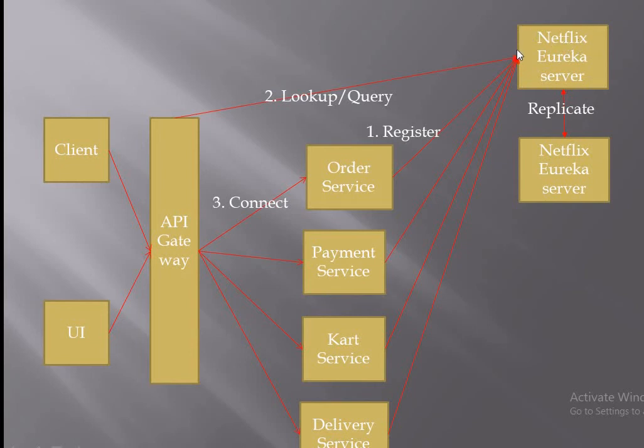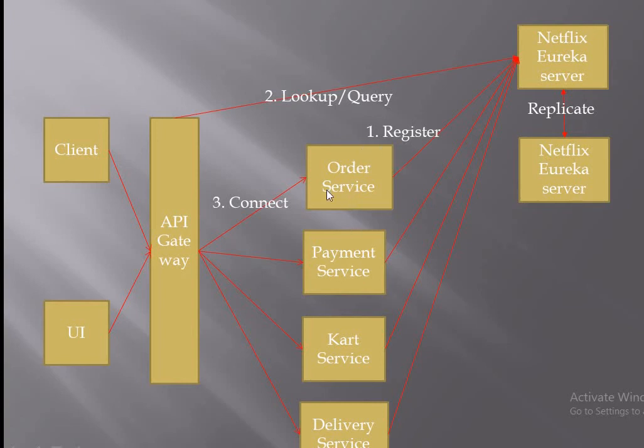It might be possible that there are multiple instances of order service in this Eureka server, so it will give one instance. Internally it uses the Ribbon load balancer to find the available service, and it provides the location of the service to the API gateway, and then the API gateway will connect to this service.